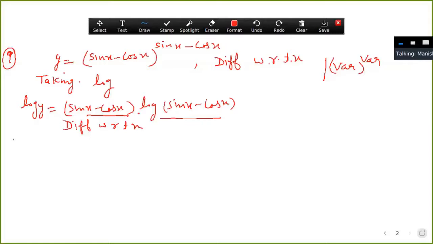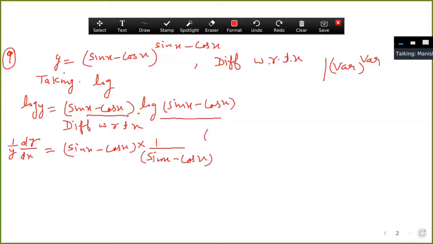Now it is 1 upon y dy upon dx is equal to: sin x minus cos x as it is, into the derivative of log t, which is 1 upon t, times the derivative of t. The derivative of sin x minus cos x: the derivative of sin x is cos x and the derivative of cos x is minus sin x, so it is cos x plus sin x.